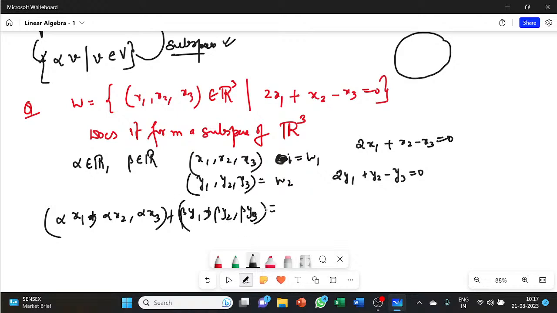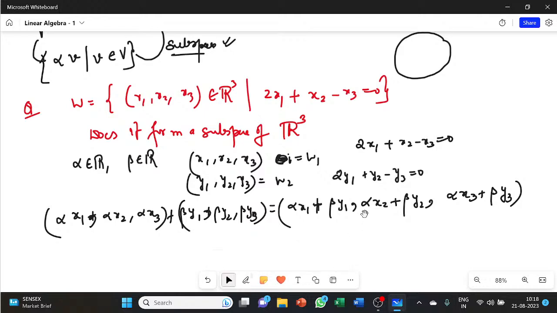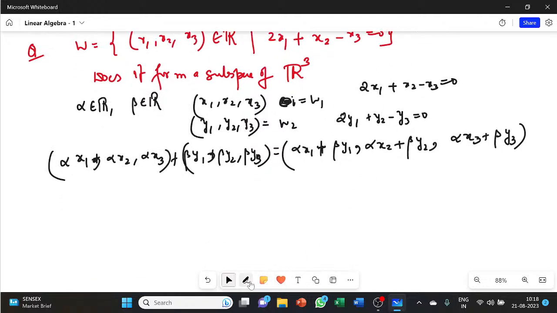It will be equal to alpha x1 plus beta y1, alpha x2 plus beta y2, alpha x3 plus beta y3, right? And we know these are the conditions that need to be satisfied. Now let us see whether they are satisfied here. Let's say this is your z1, this is your z2, and this is your z3.